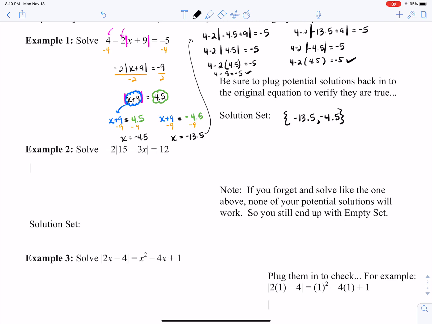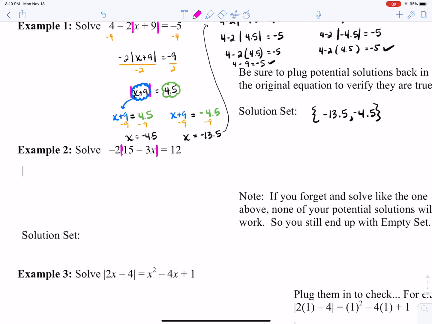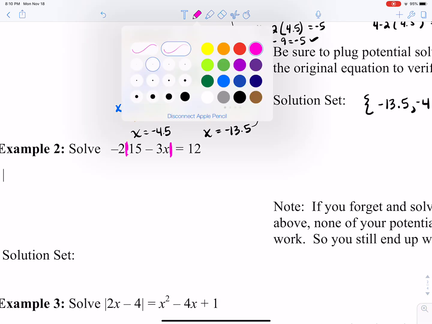All right, let's do number 2. This one's a nice one. It's going to work out a little weird. Here are the absolute value bars. Get rid of the negative 2.